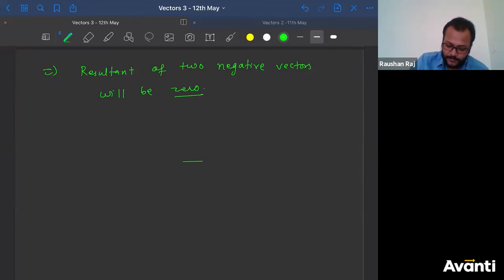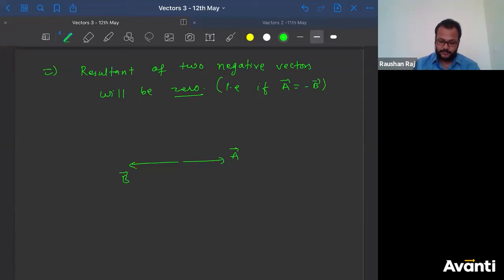If this is vector A and this is vector B, they are opposite to each other, and if the magnitude is also the same, that means here we will write that vector A is equal to minus vector B.